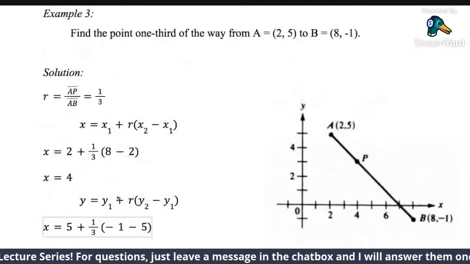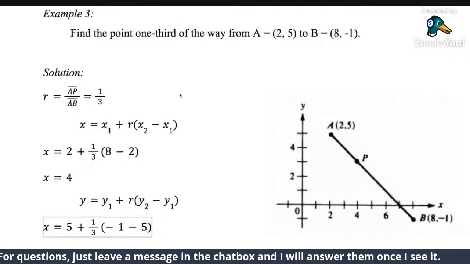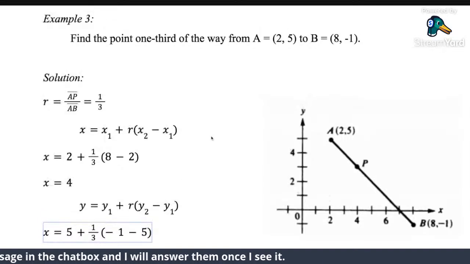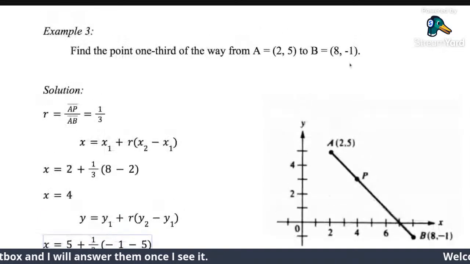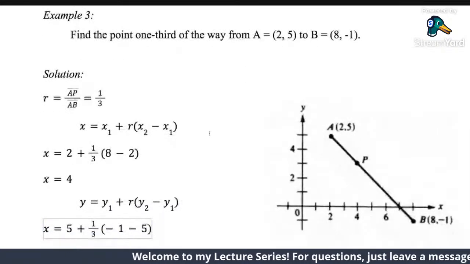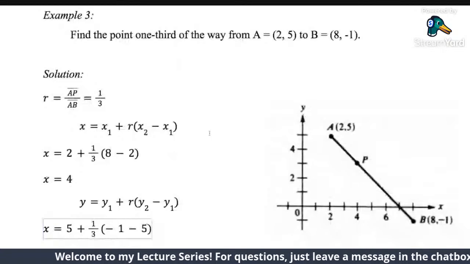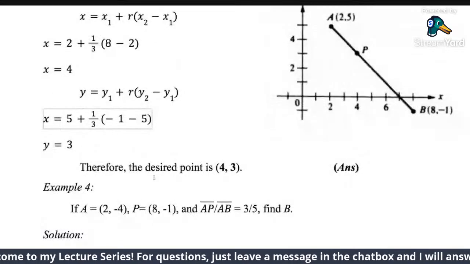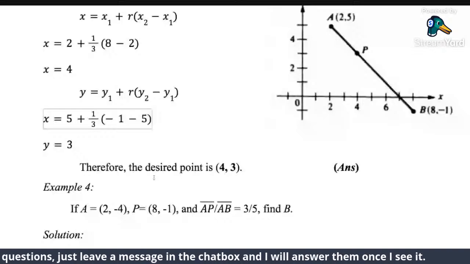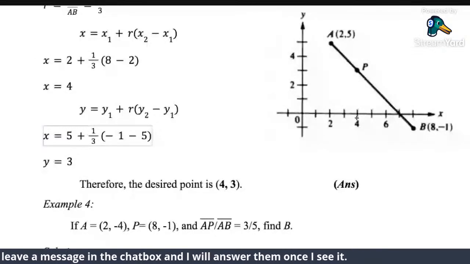So y sub 1 is 5 plus r given, which is 1/3, times the quantity y sub 2, which is negative 1, minus y sub 1, which is 5. So simplifying this, we have y is equal to 3. So therefore, the desired point is at 4, 3. Okay? So nasa 4, 3 siya.